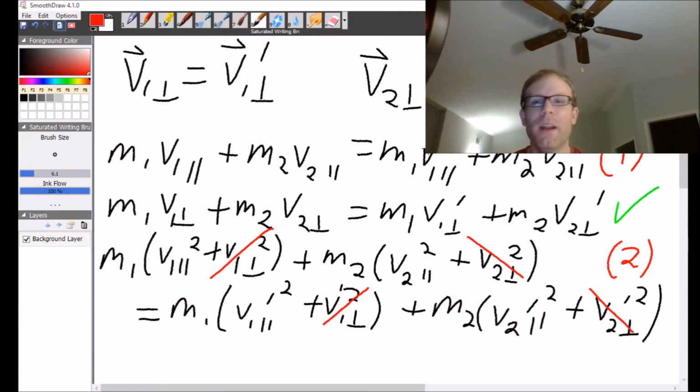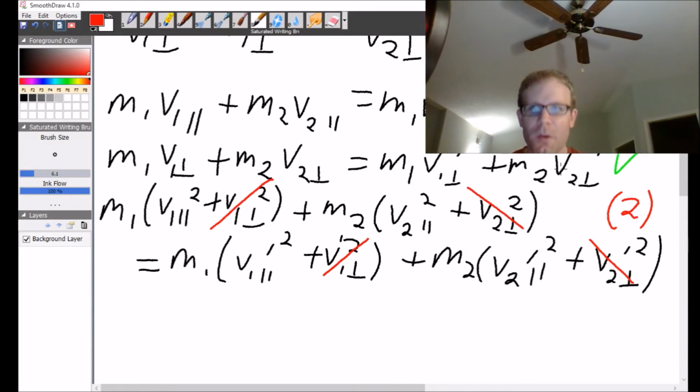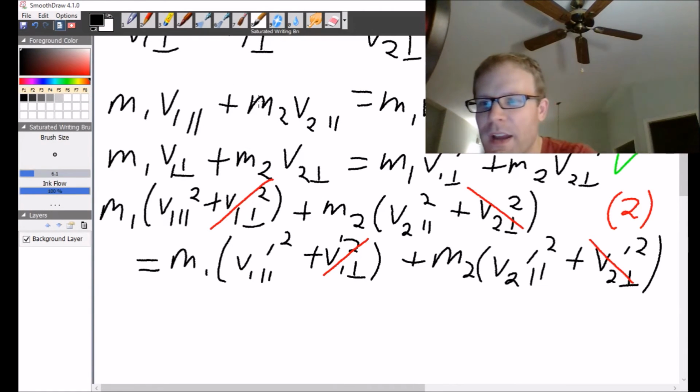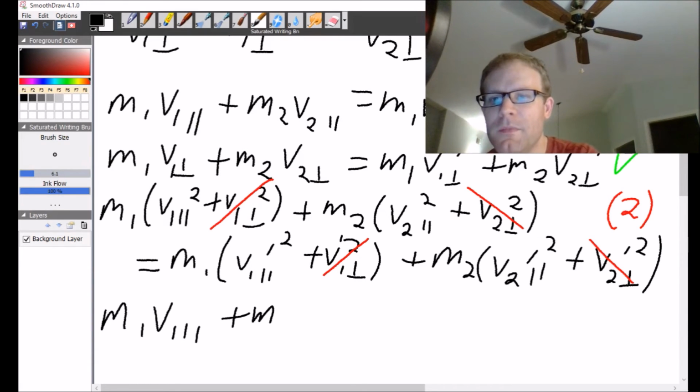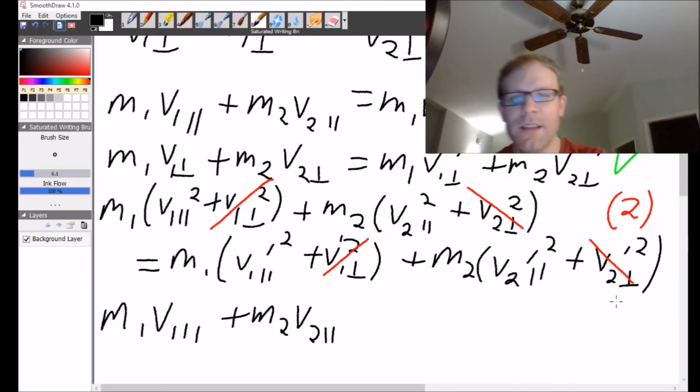Anyway, what I'm going to do is a little bit of algebra here to take equation 1 and isolate v2 parallel prime. So we're going to copy this side over. I've got an m1 v1 parallel plus an m2 v2 parallel. And if I want v2 parallel prime by itself, I need to subtract over the m1 v1 parallel prime.